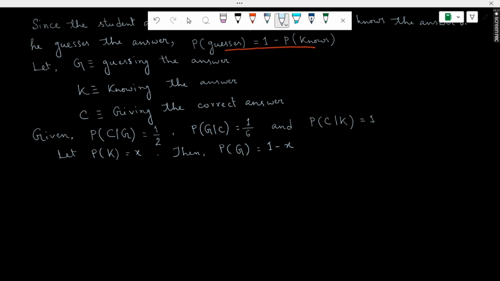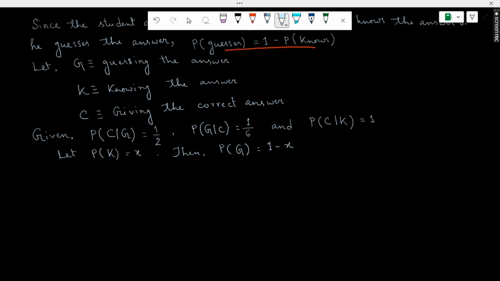Okay, now why should we use the Bayes theorem? Because we need to find probability of K, and we have probability of C given G, probability of G given C, and also probability of C given K. It is clearly visible that K and G are nothing but E1 and E2, the events which are mutually exclusive and exhaustive.